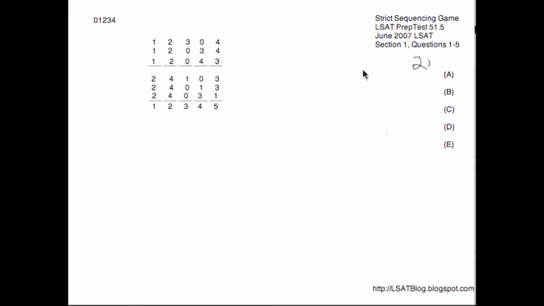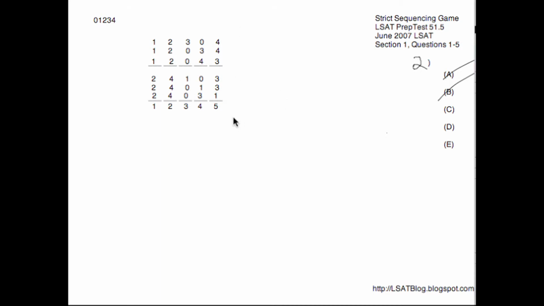Next, number 2, what must be true for every single possibility for this game? So the correct answer choice will have to hold true for all 6 of these listed possibilities. 1 occurs earlier than 2 happens in the first 3 possibilities, but not in the second 3 possibilities, so A is not a must. 1 appears before 3 happens in the first 3 possibilities, happens in the 4th and 5th possibilities, but does not happen in the bottom possibility, so it is not a must and B is gone. 2 earlier than 3 happens in the first possibility, the second, the third, the 4th, the 5th, and the 6th.